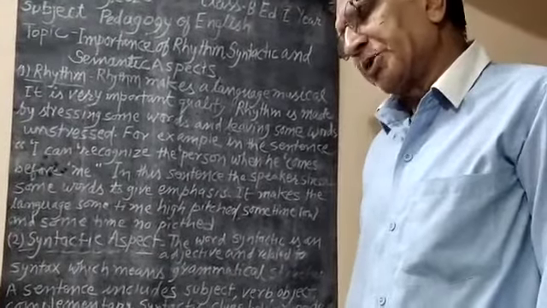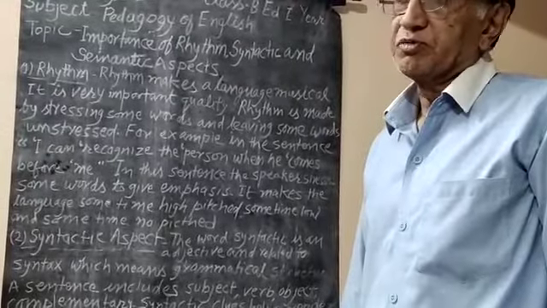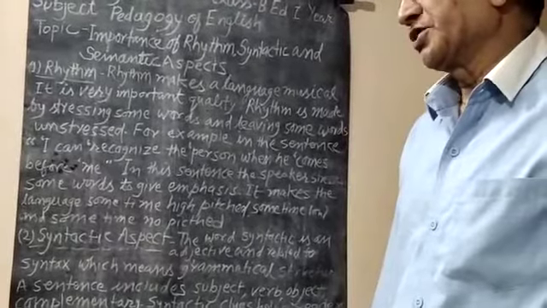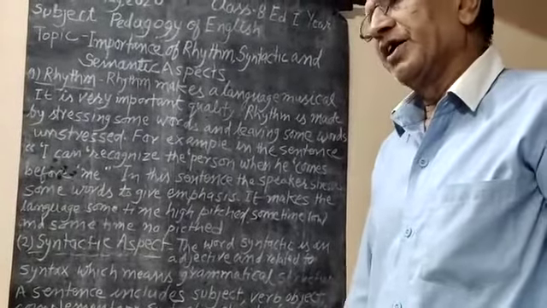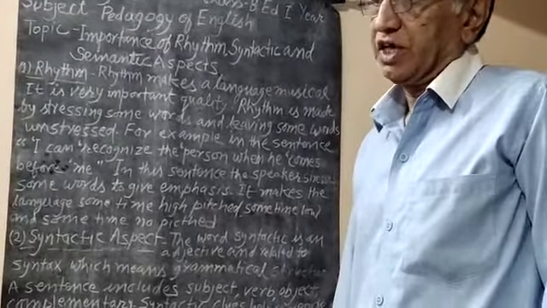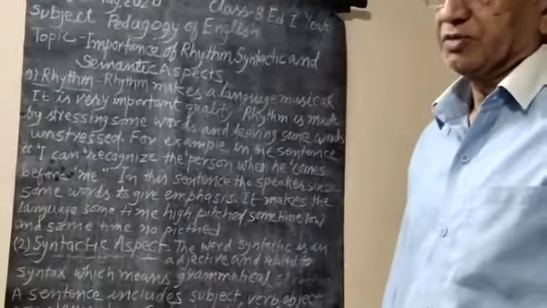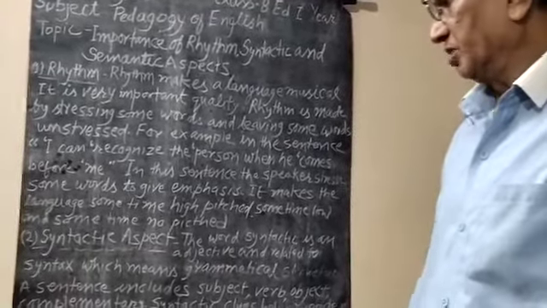Every person speaks like this who is the native of England. He speaks like this, stressing some word and not stressing some word. And this is the rhythm. The quality of language is rhythm.